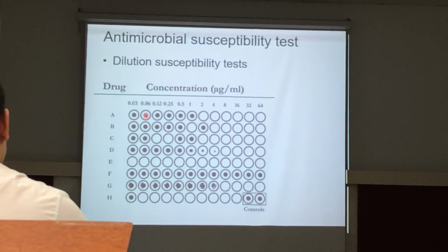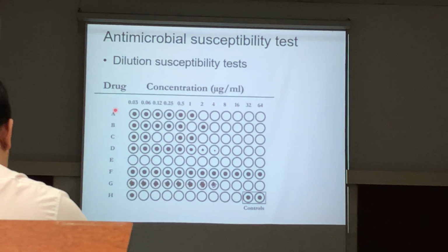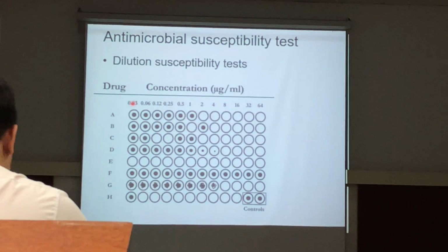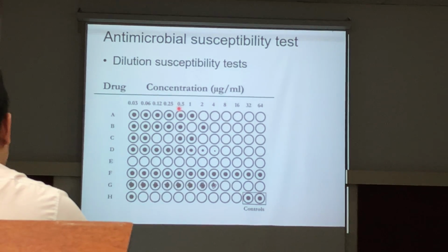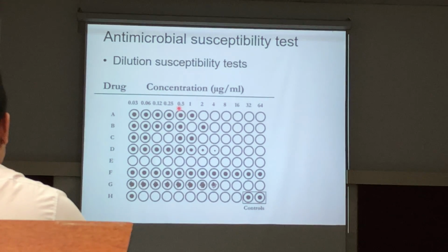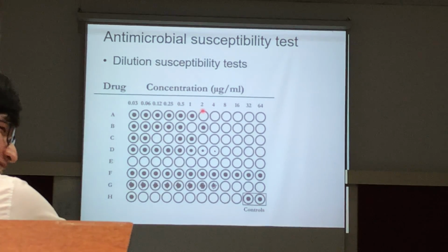So, which is the MIC in this A row? 0.03, 0.5, 8. Come on, someone. Don't be shy. Yeah? Exactly.